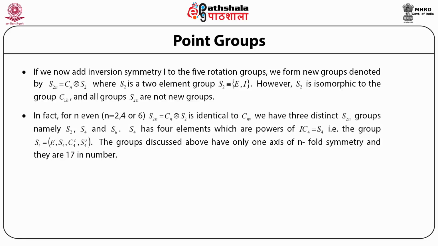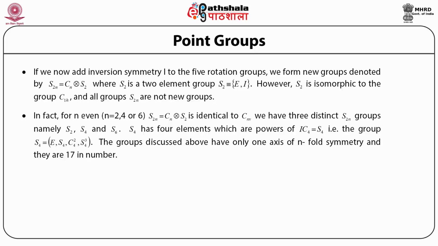In fact, for n even, that is n equal to 2, 4 and 6, S2n is simply Cn cross S2, identical to CNV, and we have thus only 3 distinct S2n groups, namely S2, S4 and S6. S4 has 4 elements which are powers of IC4, which is equal to S4, that is the group S4 consists of the elements E, S4, C4 square, C4 cube.